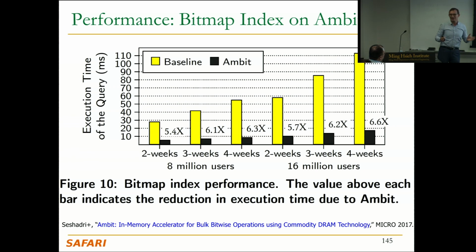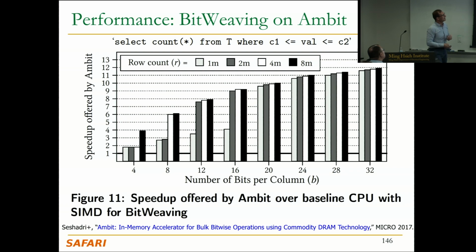Of course, this comes at a cost. You have to modify your algorithm and how you actually do it. So you need to design your algorithm so that it fits Ambit. This is a database that was designed by Jignesh Patel's group at the University of Wisconsin, BitWeaving. They redesigned the database such that they could do the column scans very nicely on GPUs in a bitwise manner, and we were able to easily port this.